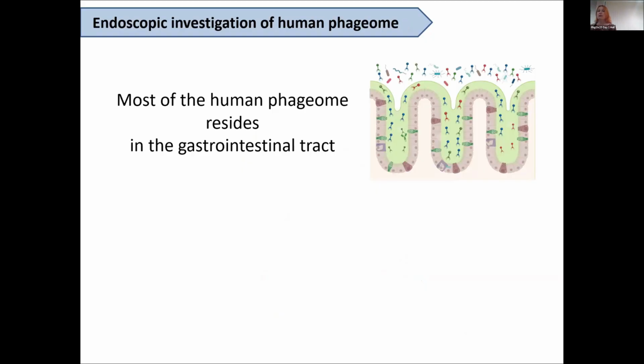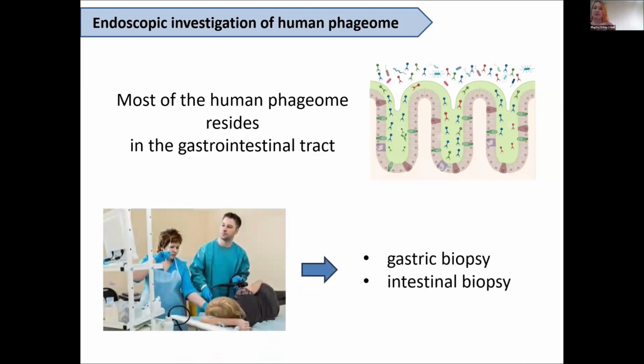We know that the majority of phage populations in our body are located in the gut. That's why the gut context, but I would like to show you how it extends to the whole body. Because of the gut, we chose endoscopic investigation, because we are interested in what's going on on mucosal surfaces. Why endoscopy, and not the traditional, very common testing of feces?